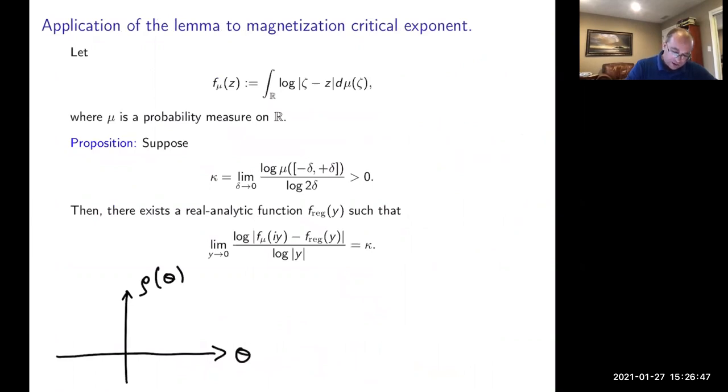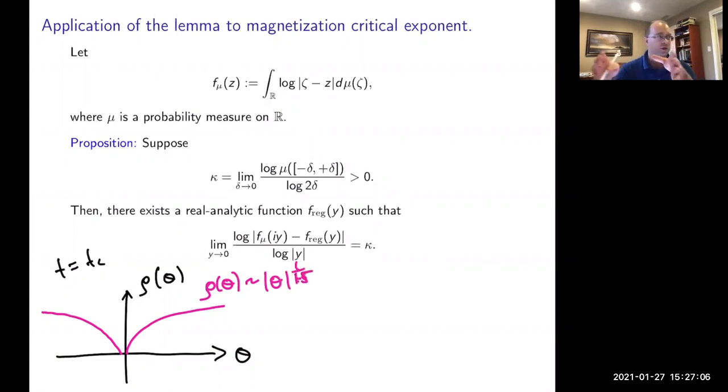Here's theta at critical temperature, T equals Tc. The conjectural picture was that the density was like this, right? Rho of theta was like theta to the 1/15th, right? This was the picture from the conjectural description of Lee-Yang zeros.